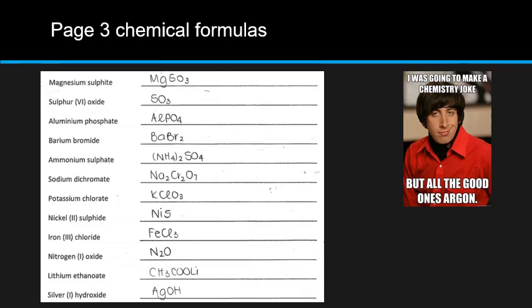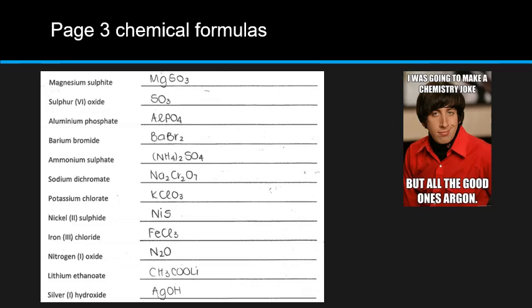Then we have lithium ethanoate. Now I know what you're thinking. Why is the Li at the bottom or at the back? It's all got to do with how the molecule bonds, how that polyatomic ion is bonded to the lithium. This is an exception. So this would be an extension question, and we would not ask this of you unless we gave you additional information first.